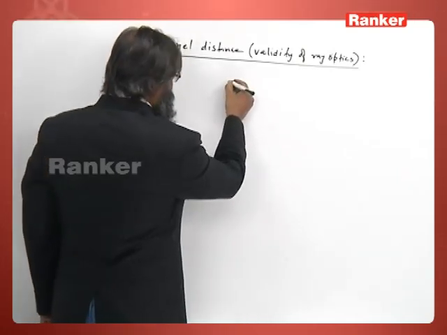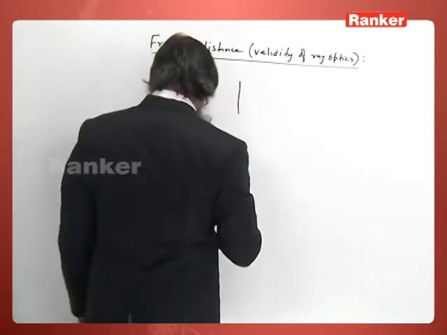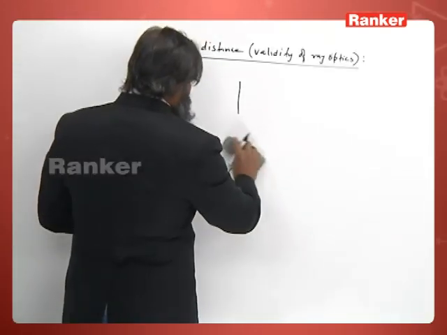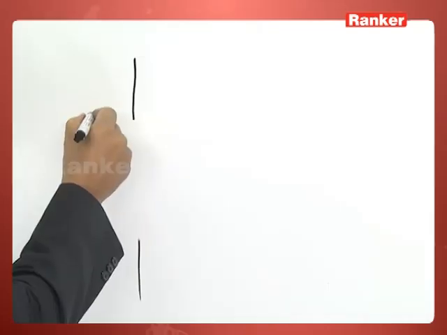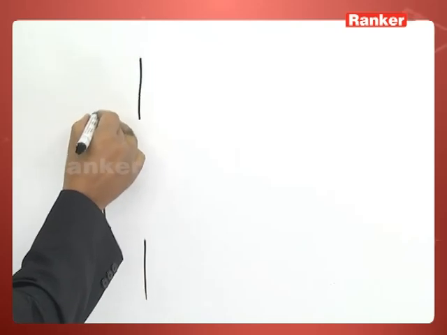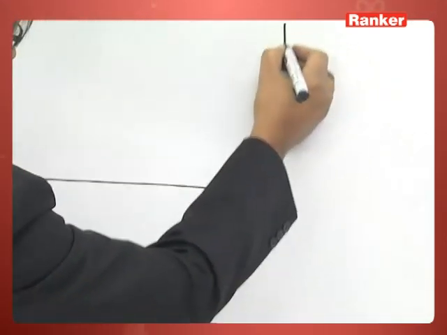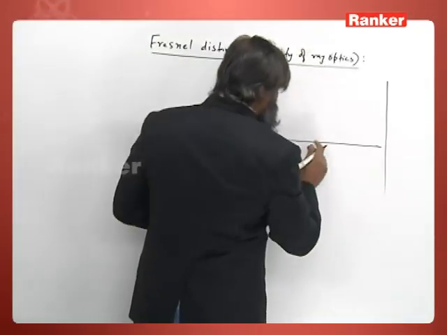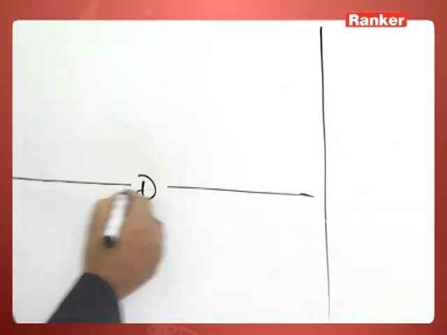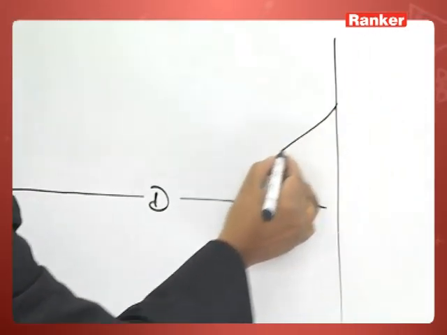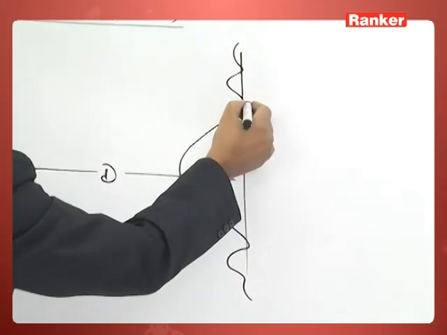So this is our slit. This slit has a width A. On this screen somewhere, suppose this distance is D, then we get a maxima, this intensity distribution.